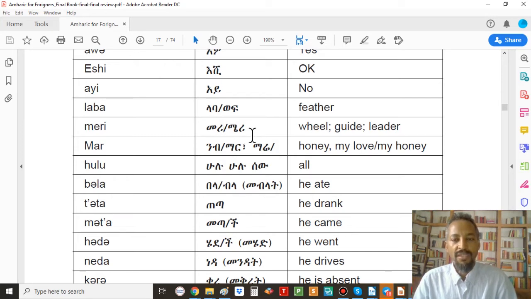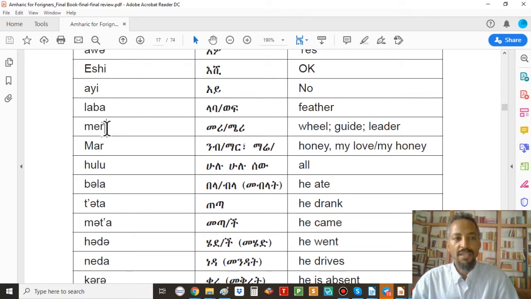Once they know the shape and the sound of each letter in the alphabet, they have already paved their way for learning Amharic so easily, and they will sound original. They will not be misguided by the phonetic representation of the Amharic sounds in English letters.